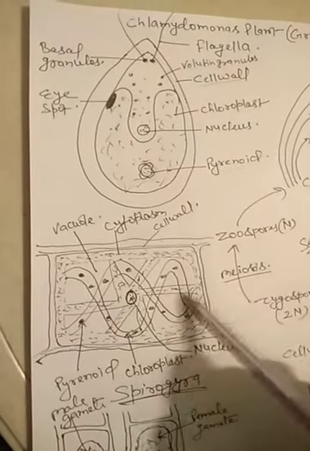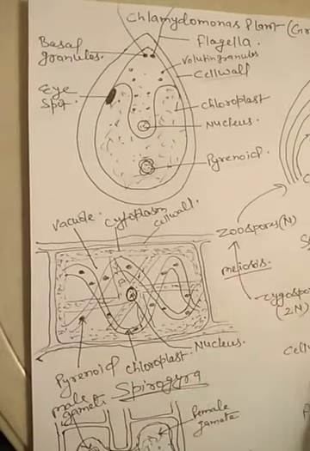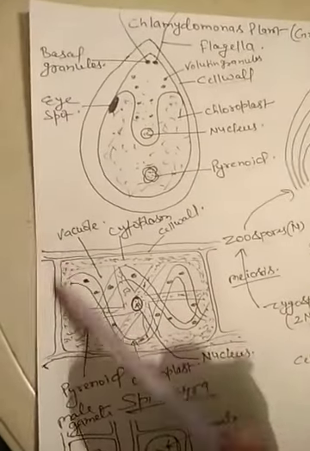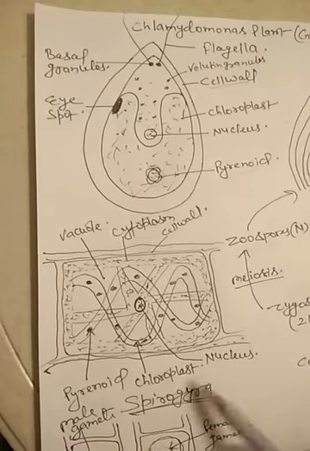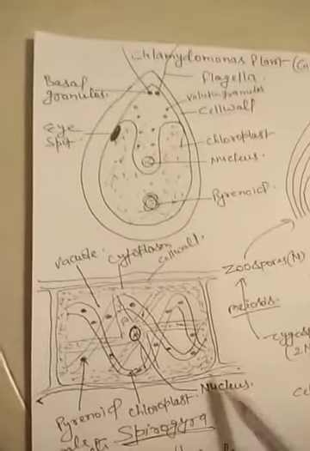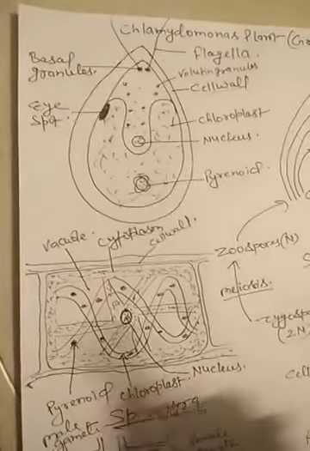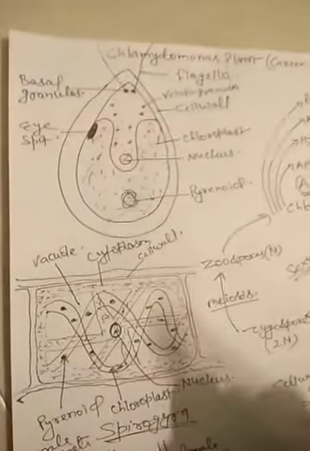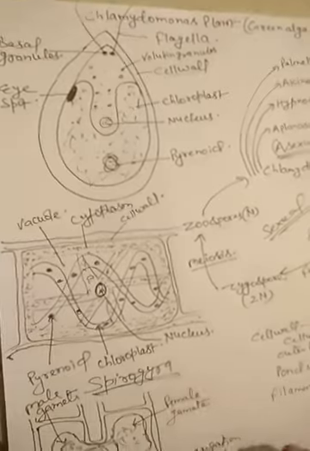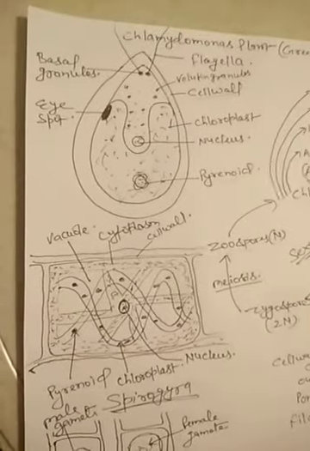The cell is surrounded by a cell wall, and the inner cell wall also consists of cellulose, and the outer consists of pectose. Pectose also secretes a mucilage covering outside. That's why Spirogyra is also called pond scum or water silk.